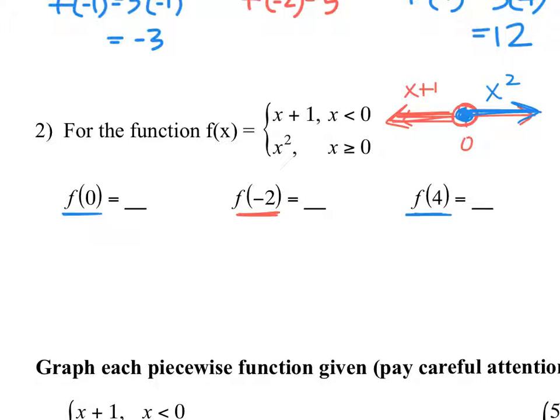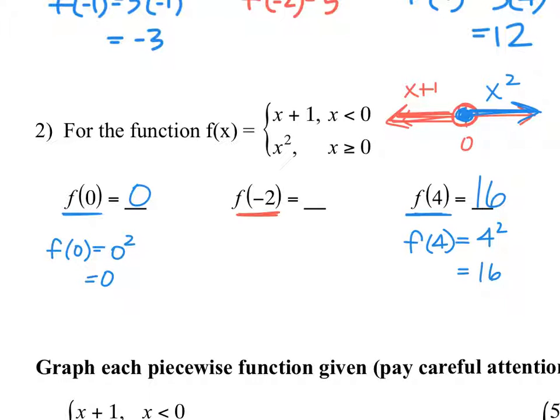So now we're just going to plug in f of 0 equals 0 squared. That just means 0 times 0, which is 0. f of 4 equals 4 squared, and 4 times 4 is 16, so 16.